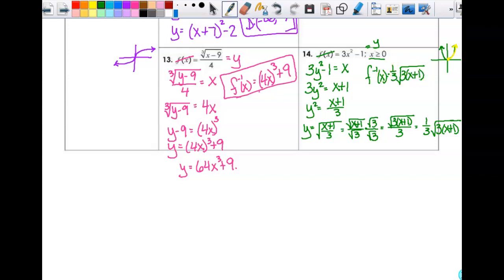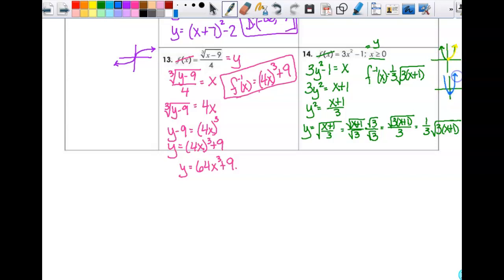But remember, we have to think about our domain here, our restriction on our domain. So if I actually graphed that, then I would have a vertical stretch of 3, but the 0, 0 would shift down 1. So I'd be down here at -1, and then it would be stretched up.